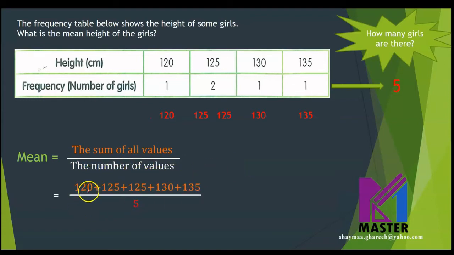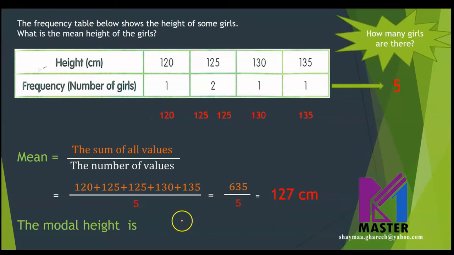Let's add 120 plus 125 plus 125 one more time because it's repeated twice, plus 130 plus 135. Then we are going to divide the answer by the number of values, which is 5 values. So at the end, I will get 635 divided by 5, which is 127 centimeter. So the mean value will be 127.